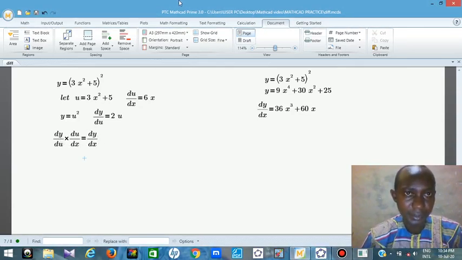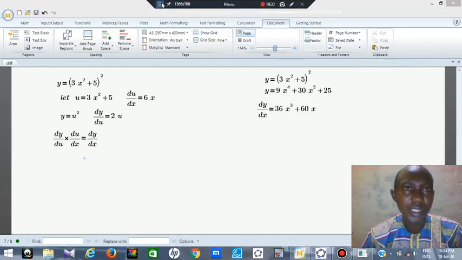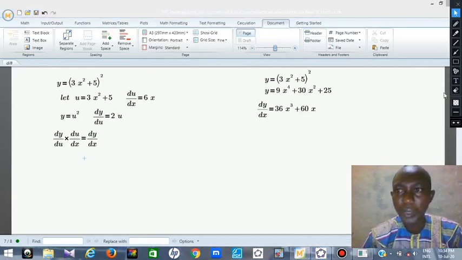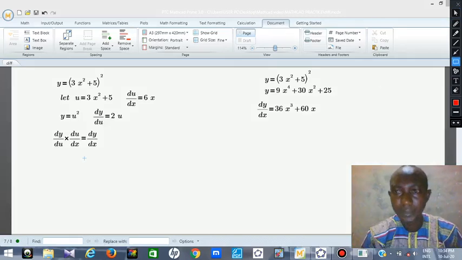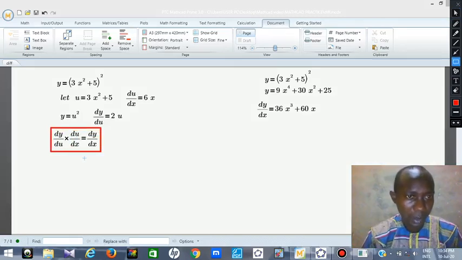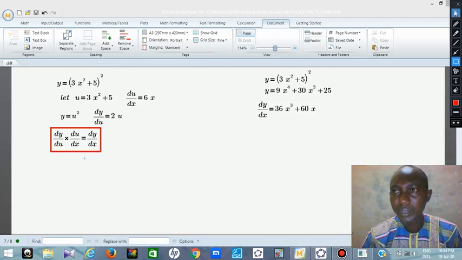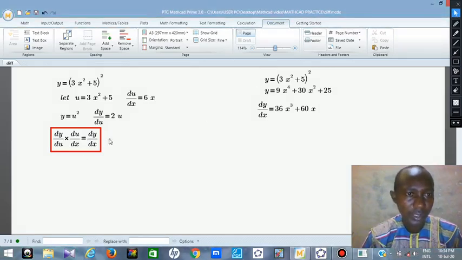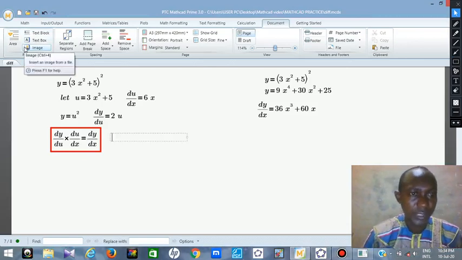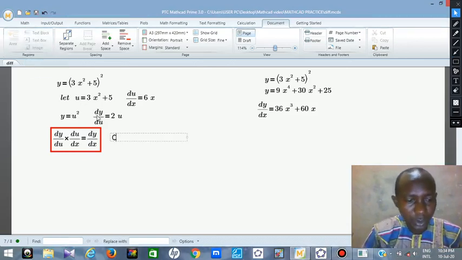So this is the basic rule we use when we are differentiating with function of a function. Let me put it in a box so that you take note of it. This is very, very important in function of a function. And with this principle, in differentiation, we call it the chain rule.